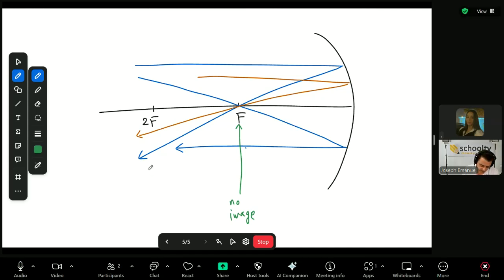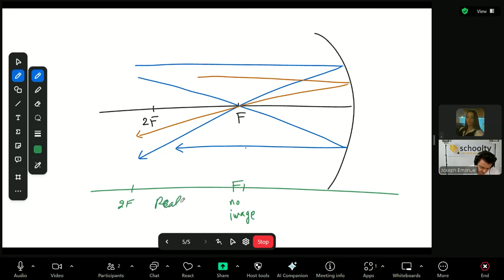So between F and 2F, in this area, this is F. No image at F. Between F and 2F you have a real image, large, and inverted.